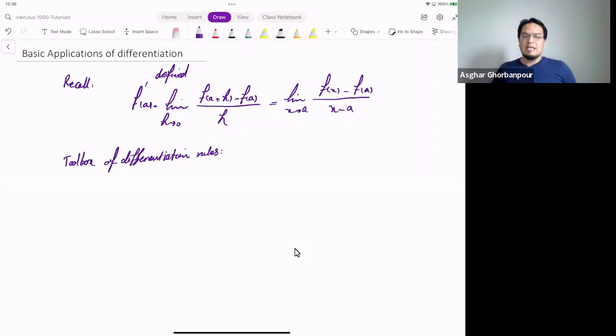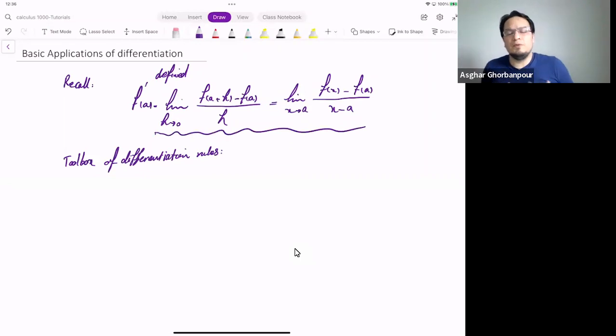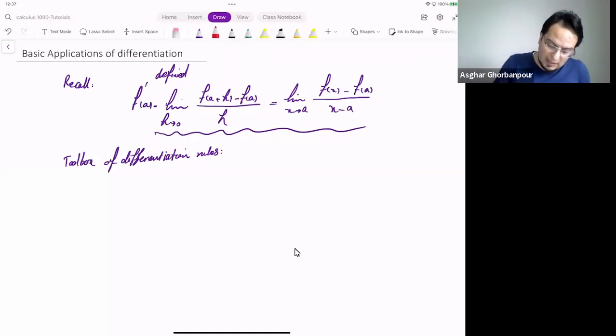It means that some people have gone through these limits and proved some general facts and gave us recipes, as rules that we can use when we are trying to differentiate. They used the same definition idea, did some general cases, and came up with those rules.